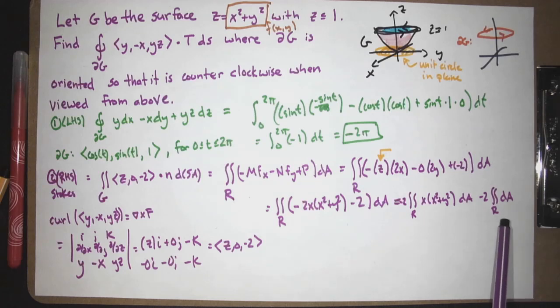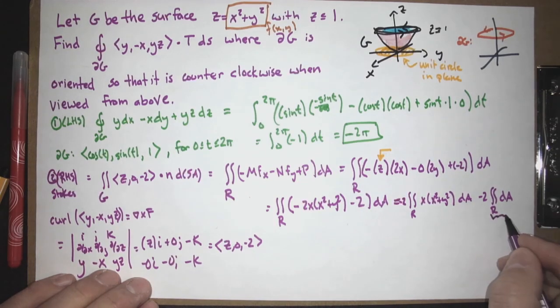This one is easy because we're integrating 1 dA. So when you integrate 1 dA, what do you find? Area. How much area is there in a unit circle? Pi. So this is pi.